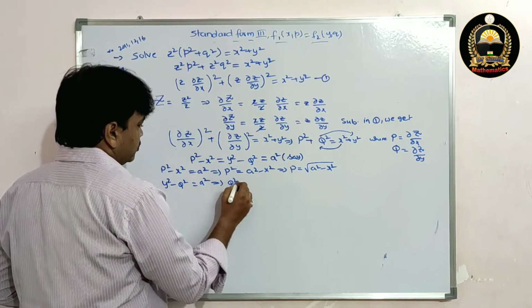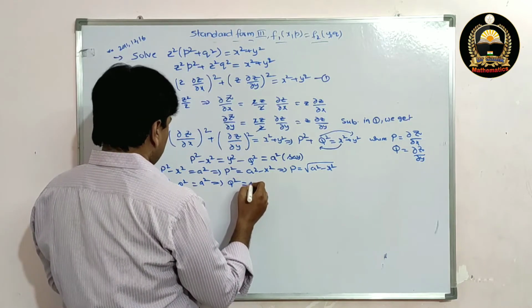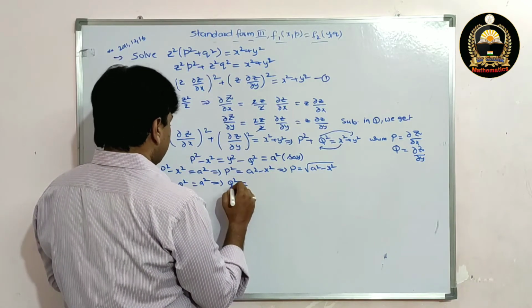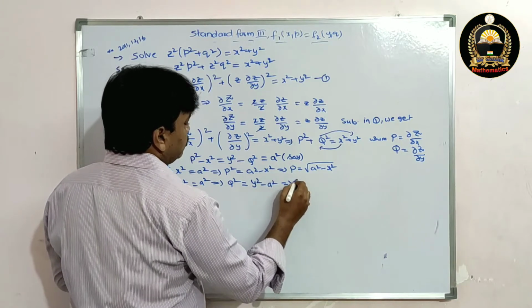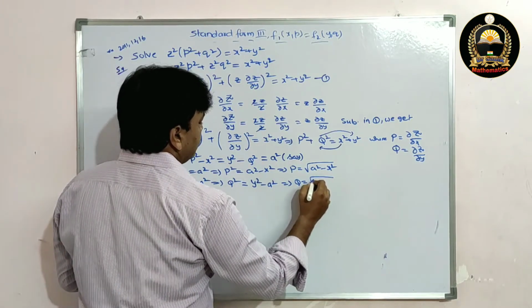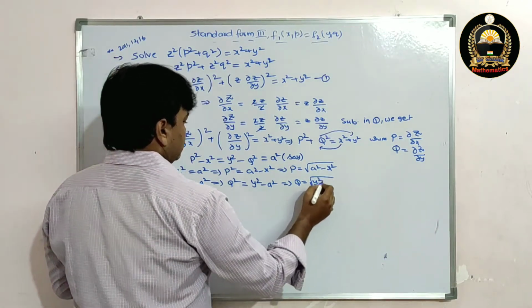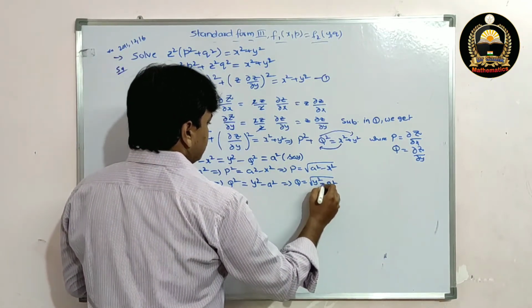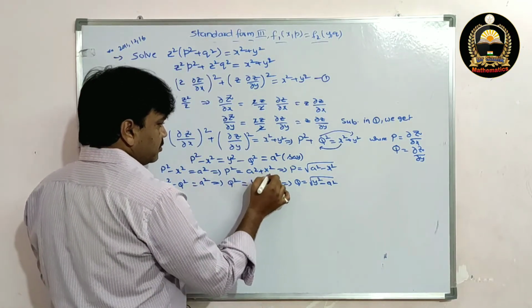So capital Q square that is equal to y square minus a square, so capital Q that is equal to square root of y square minus a square. So students, whenever we transfer to this side, we get plus.